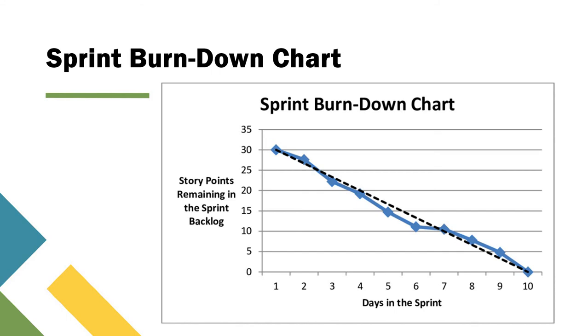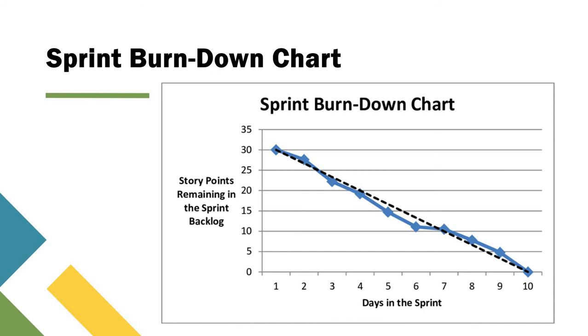In this situation, the sprint burn down chart comes into play. It is the practice of trending the work expended by the Scrum team. So the sprint burn down chart is a useful technique in monitoring the sprint progress towards the sprint goal.